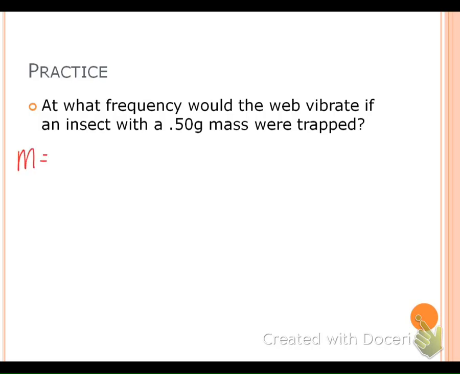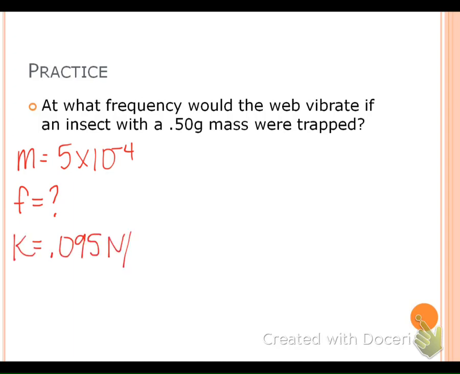So our mass is 0.5 grams, which is 5 times 10 to the negative fourth, or 0.0005. Whatever way you want to write it is fine with me. And from our last problem, we know that K is equal to 0.095. That doesn't change throughout the problem.